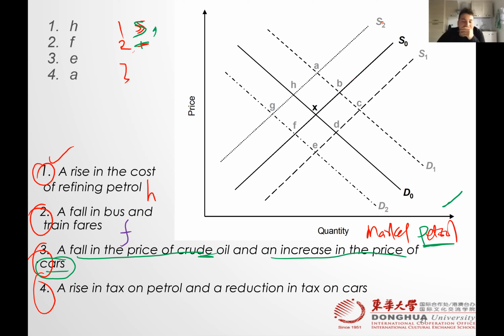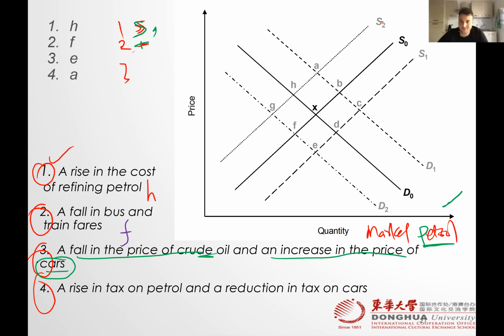You cannot run the car without petrol. This is the price of related goods. There is a shift in demand, and the reason is not price. The reason is the price of related goods, and this comes under complement, not substitute. So what happened here? If the price of cars increases, people want more petrol.